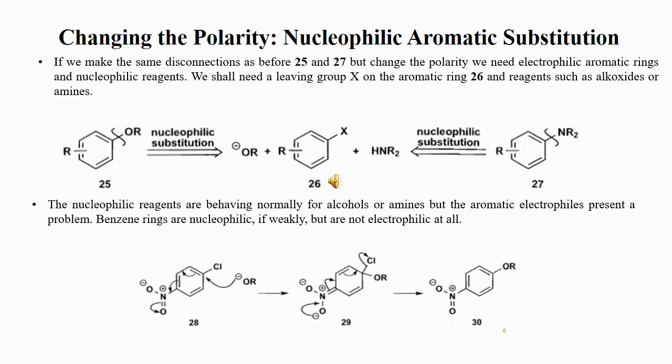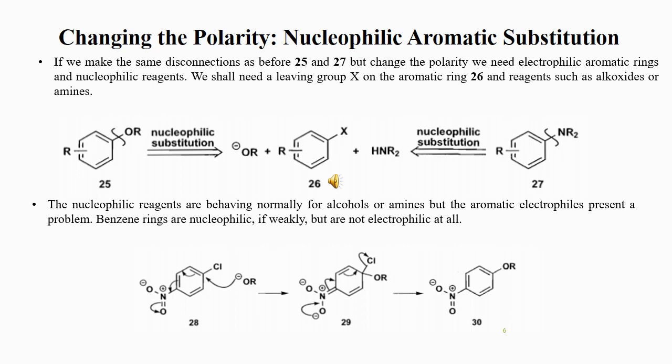In both cases, the suggested reaction for the synthesis of 25 and 27 is nucleophilic substitution. When 26 reacts with alkoxide OR negative, we get 25, and when aniline does the nucleophilic substitution on 26, we get 27.